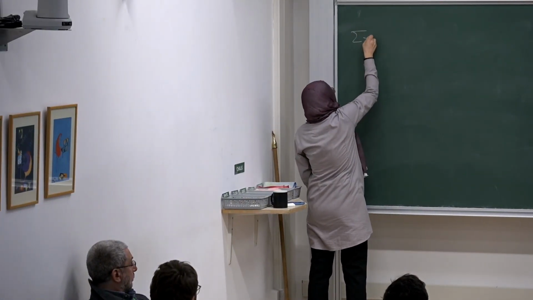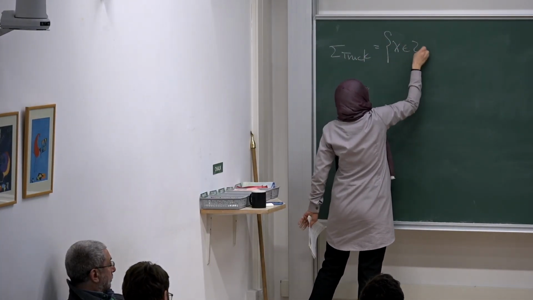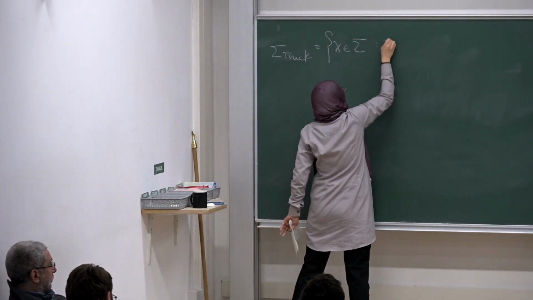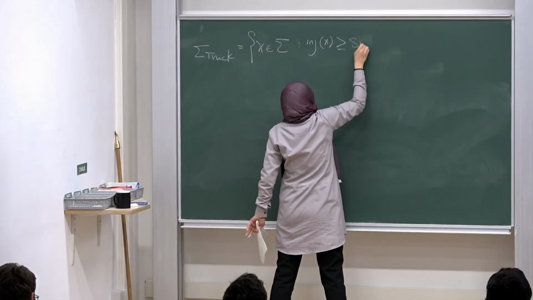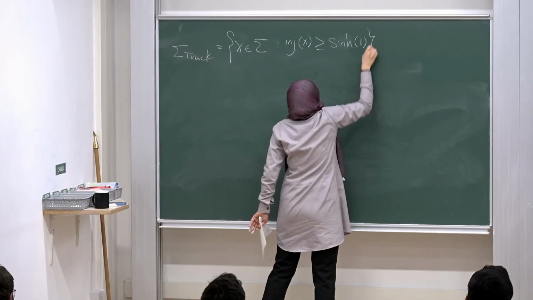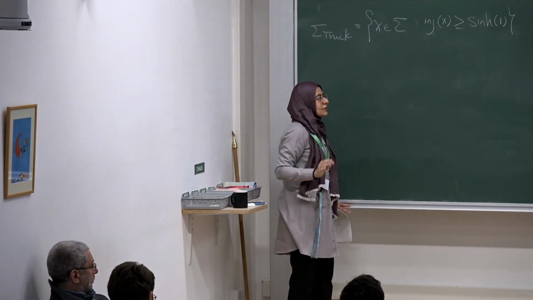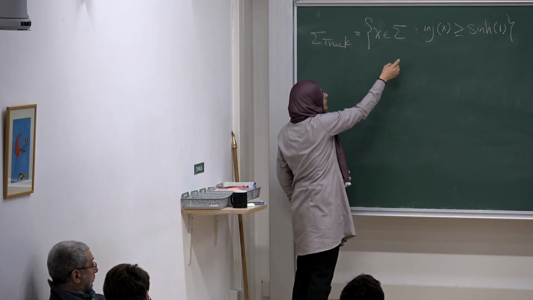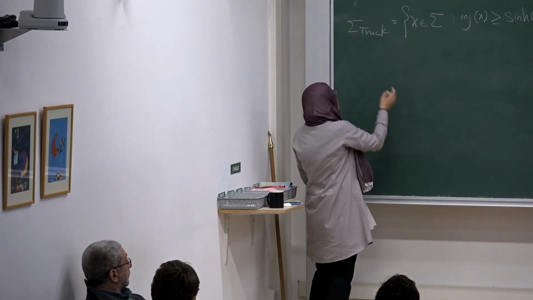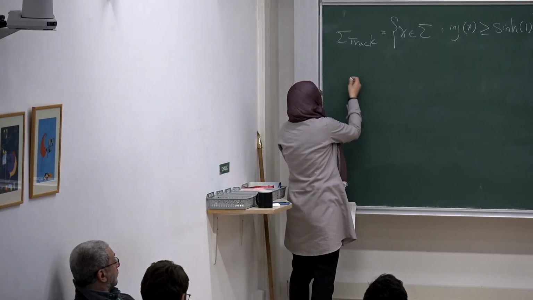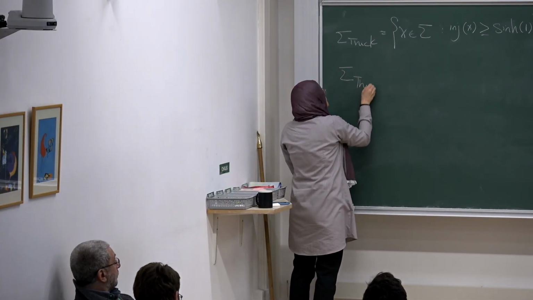So sigma thick is all the part of sigma such that the injectivity radius of X is bigger or equal than this number. It has a name, it's a constant, and we can do this decomposition for any hyperbolic space in higher dimension as well. And what is the thin part?